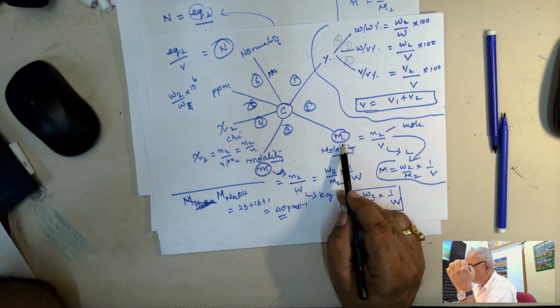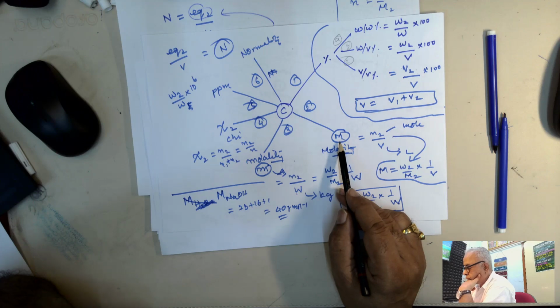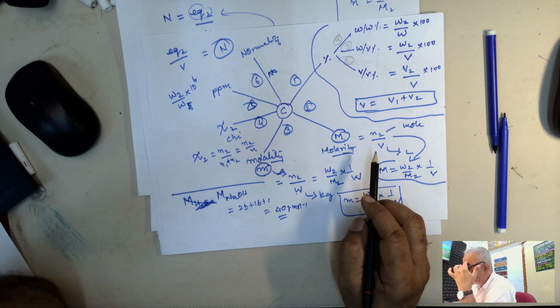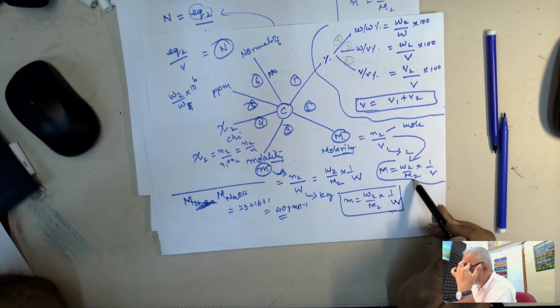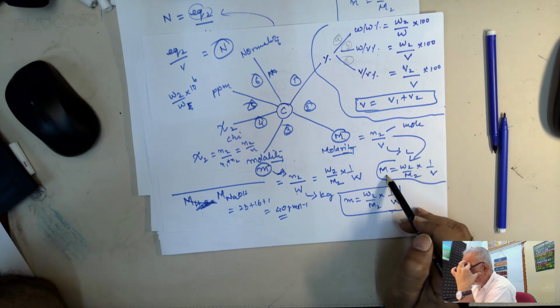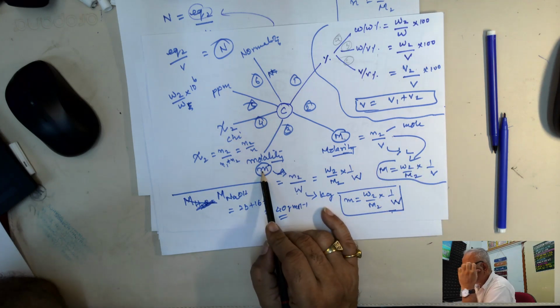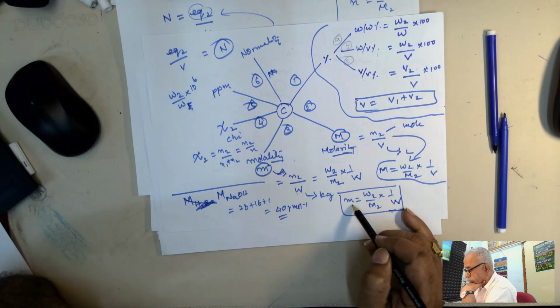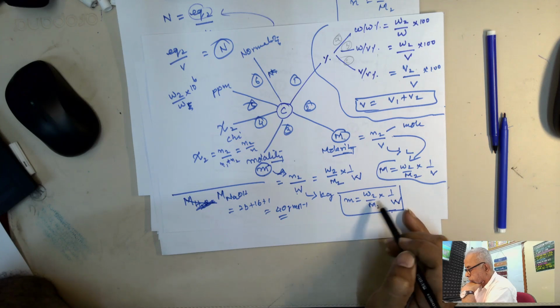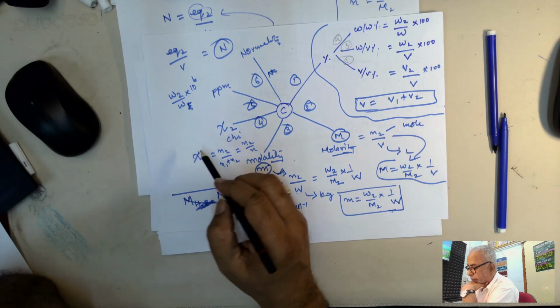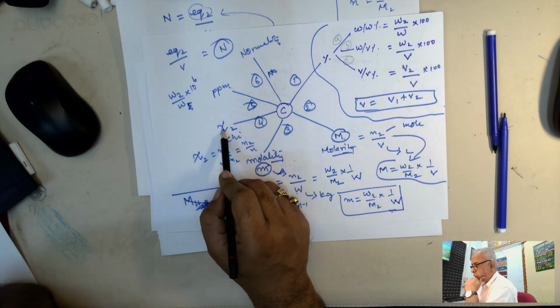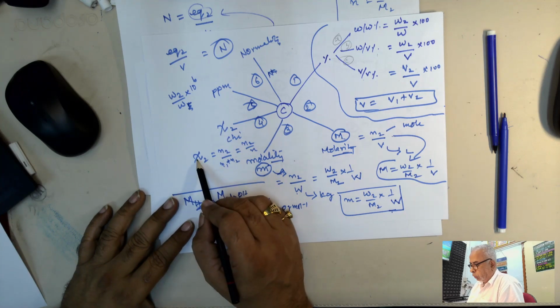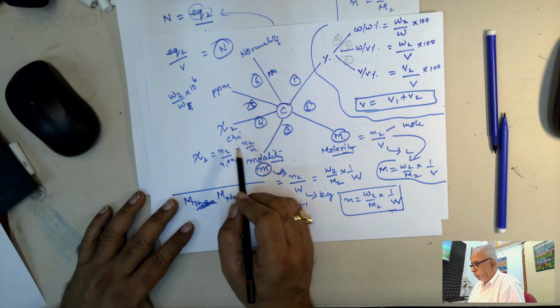The second thing is molarity, which is the number of moles over the volume in liter, which can also be written as W2 upon M2 into 1 by V. Then the third one is molality, expressed by small m, which is equal to W2 upon M2 into 1 by W. Then the fourth one is chi, the mole fraction, which is equal to N2 upon N1 plus N2.